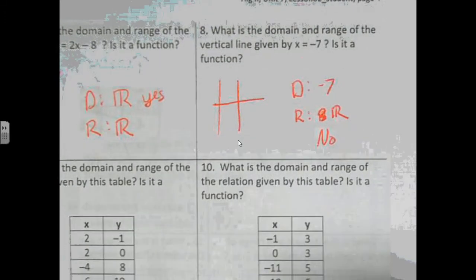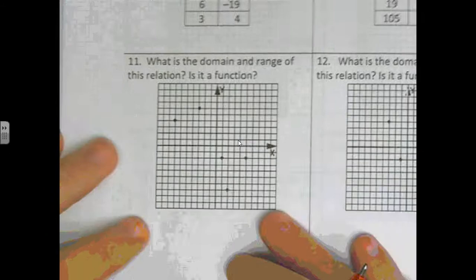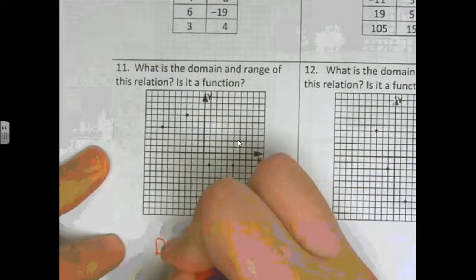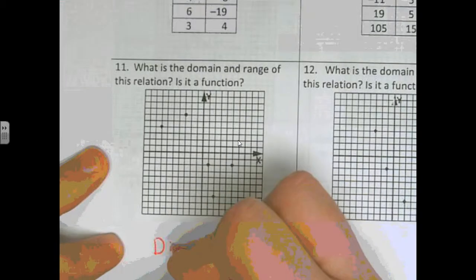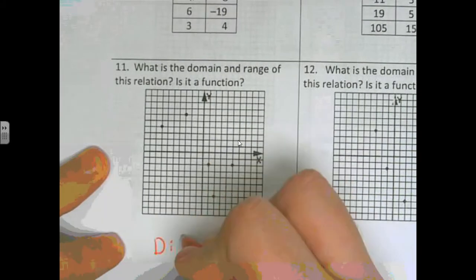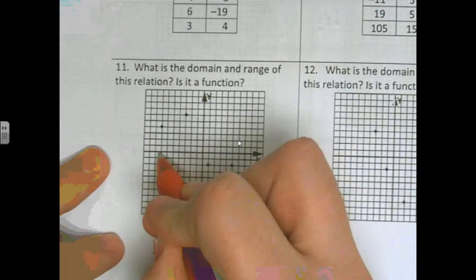Number 11. What is the domain? Okay, so we don't have lines, so we're just going to list off the points. The lowest here is -7, right?